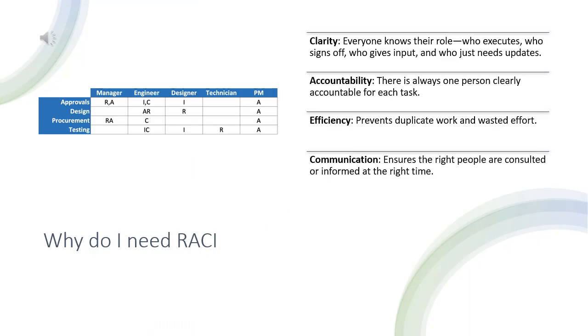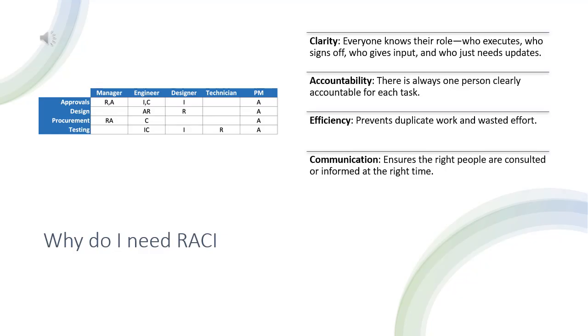You need the RACI because it helps remove confusion about who does what in a project. In many projects, tasks overlap and people assume others are handling them. That leads to missed deadlines, duplicated work, or finger pointing when problems arise. A RACI matrix brings clarity, accountability, efficiency, and communication.